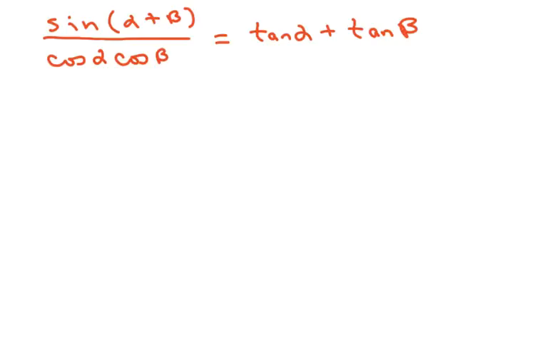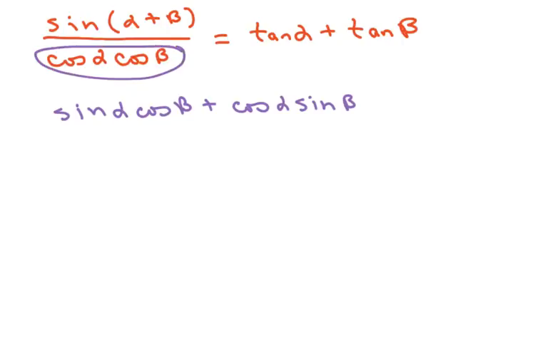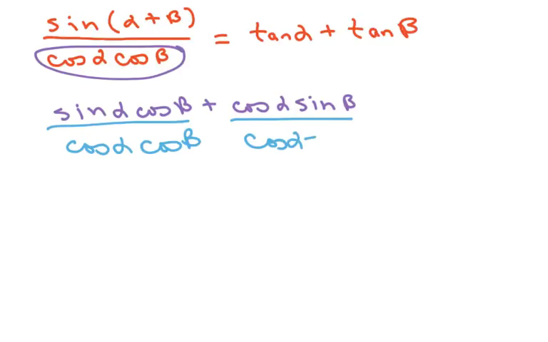So we're going to write this out as sine of alpha cosine of beta plus cosine of alpha sine of beta. Now I'm going to go ahead and write the denominator under each piece. So we're going to have cosine of alpha cosine of beta over cosine of alpha sine of beta. So basically what we have is this is tan.